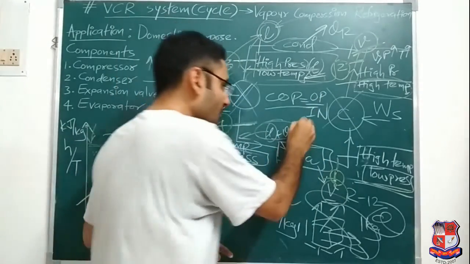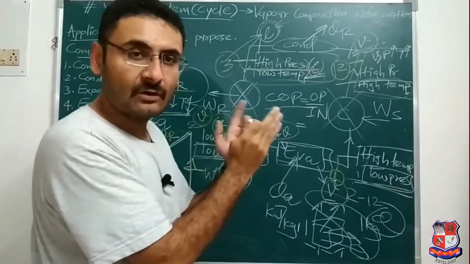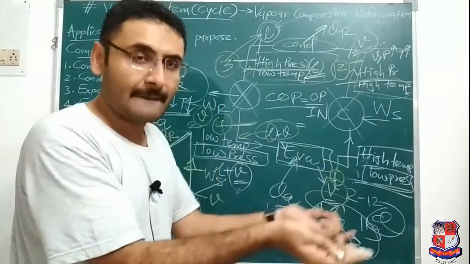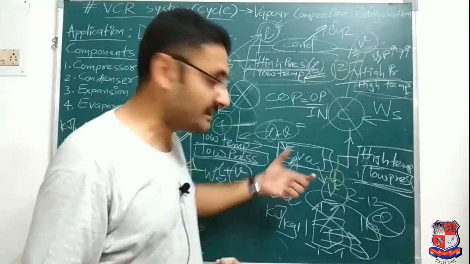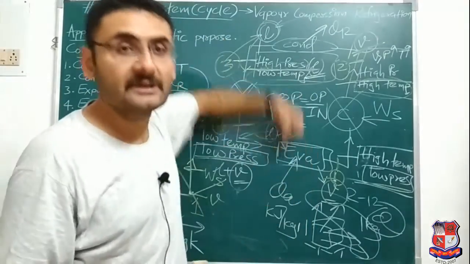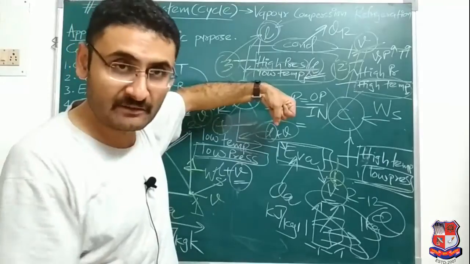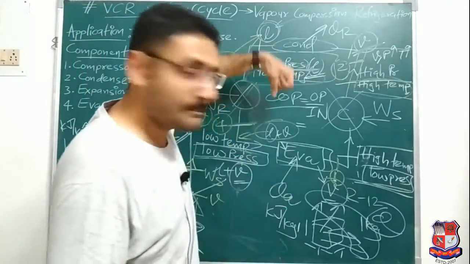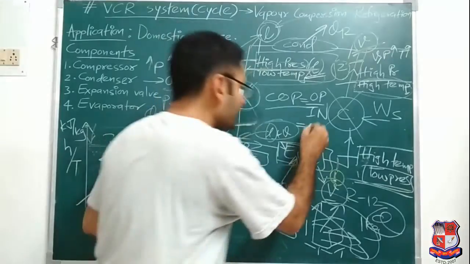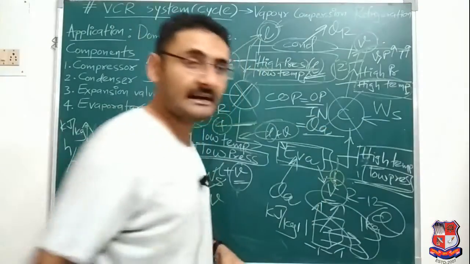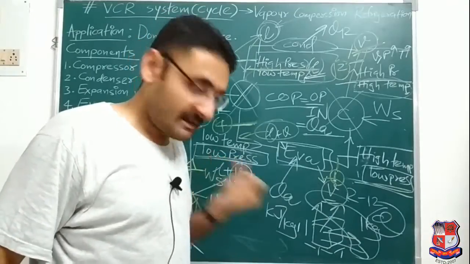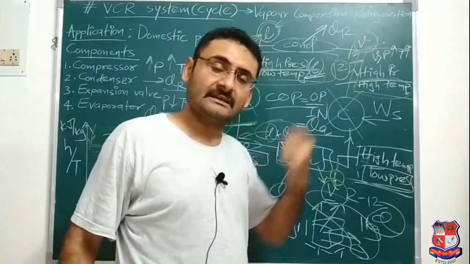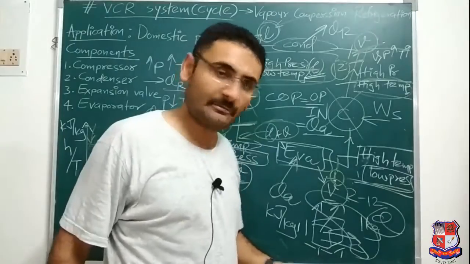Now the output for our cycle is the cooling effect. For that purpose we are using the fridge. And which device will produce the cooling effect? The evaporator will absorb the heat and then the cooling effect is produced. That will be your output. So the evaporator produces the cooling effect by absorbing heat. Over here as output I will write refrigerating effect or heat absorption by the evaporator, because only if the evaporator absorbs heat can the refrigerating effect be produced.